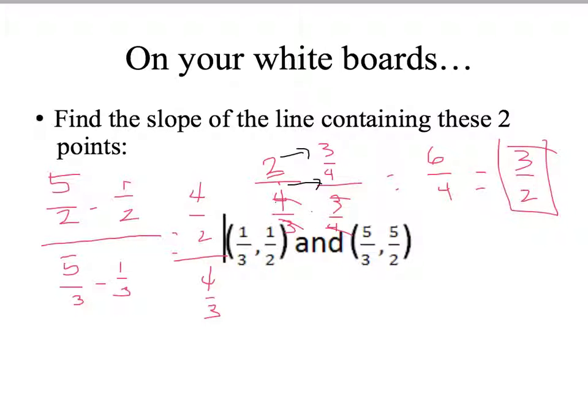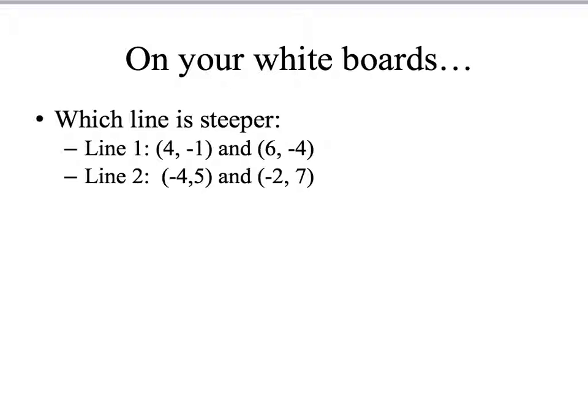Not too bad. All right, which line is steeper? Line 1, (4, negative 1) and (6, negative 4), or line 2, (negative 4, 5) and (negative 2, 7). We just have to find the slope of line 1, which would be negative 4 minus a negative 1 over 6 minus 4. That's plus positive, which would be negative 3 over 2.